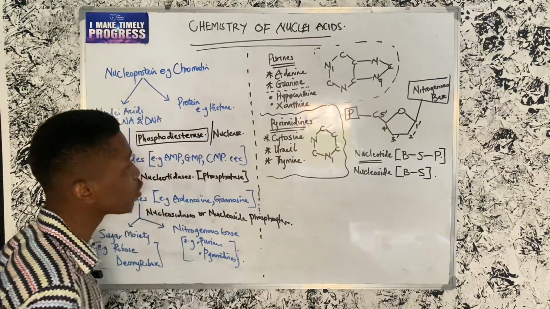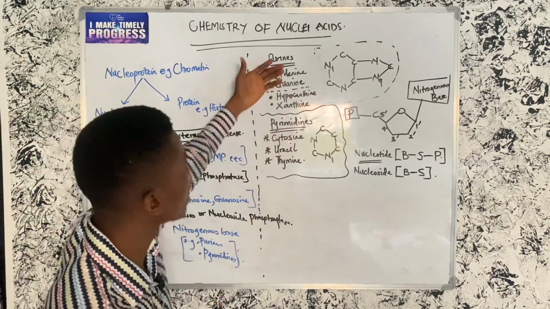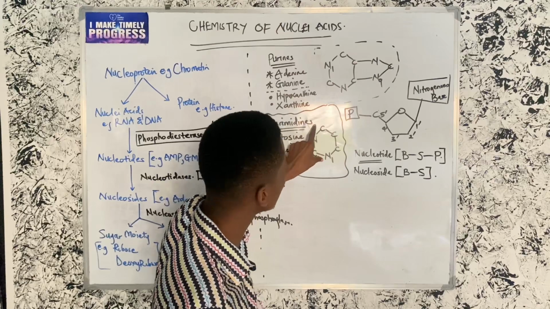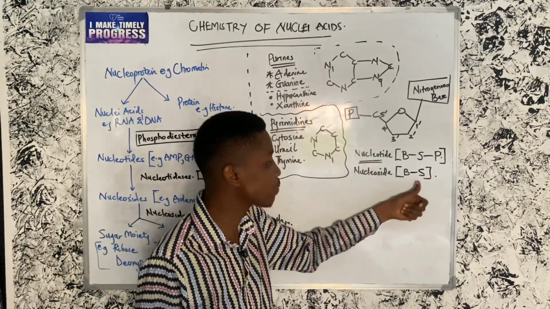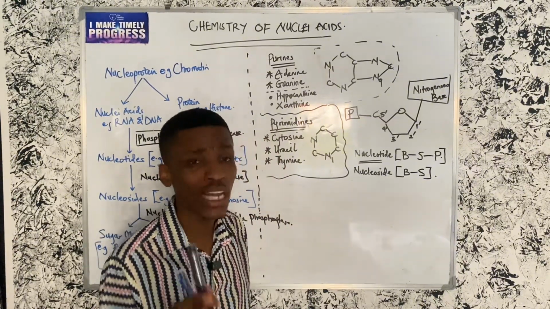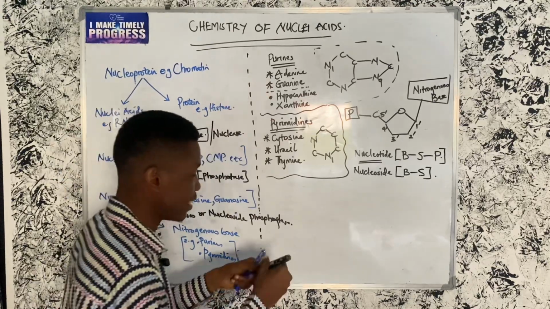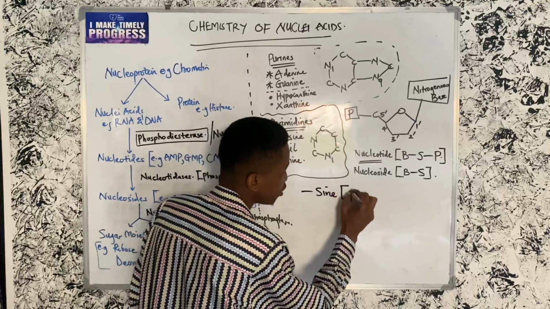Now the next thing to know from what we have learned is that if these are my nitrogenous bases and we have shown their numbers, when nitrogenous bases combine with a sugar moiety, a base plus a sugar, what do we form? A nucleoside. But we need to know, how do we name these nucleosides? If it was a purine, the name will end with -sine.